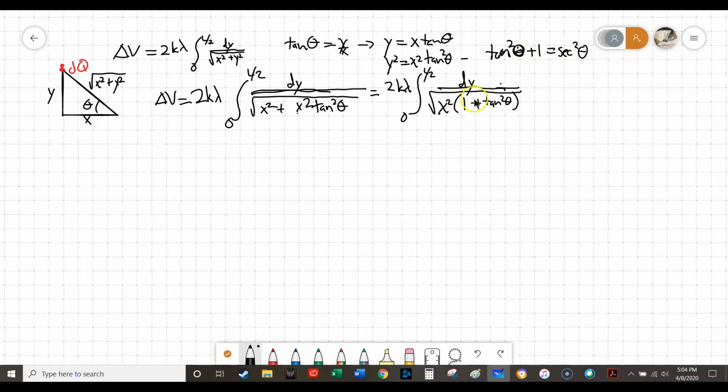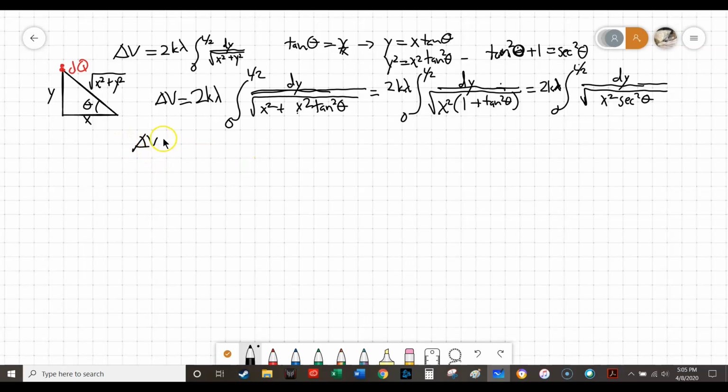Well, I could substitute that in here. 2k lambda from 0 to L over 2, dy, square root of x squared secant squared of theta. Okay, well now I could bring this out of the solution.